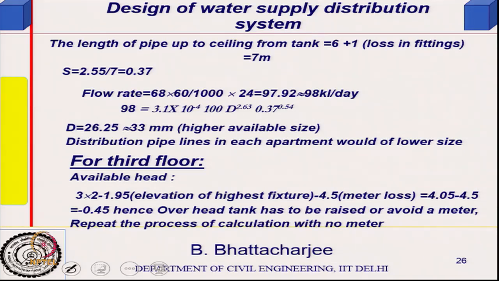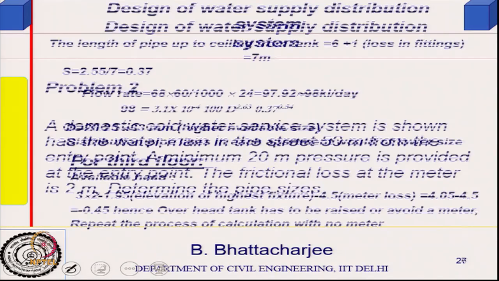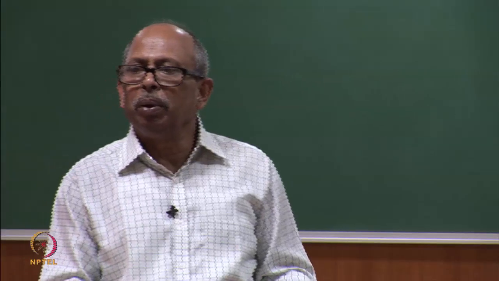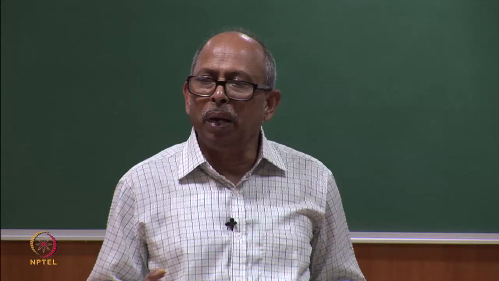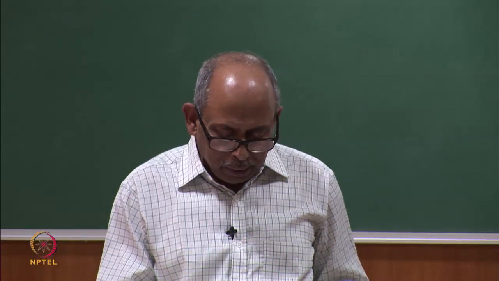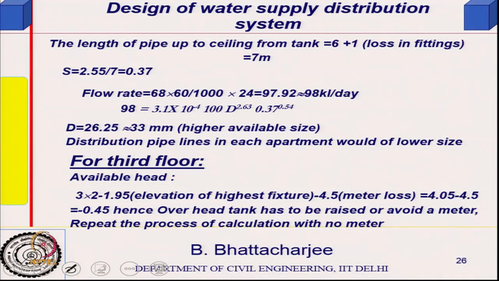Distribution pipelines, sorry, each apartment would be lower size. That is the main pipe carrying, because I am taking from the top, so that has to be the highest of these. Let us see the third floor, what does it give? Repeat this process, and because the main pipeline bringing that would be of larger size, in each branch pipe I might use a smaller size. This is for the main pipes I am calculating, so corresponding to each one of them you can calculate.